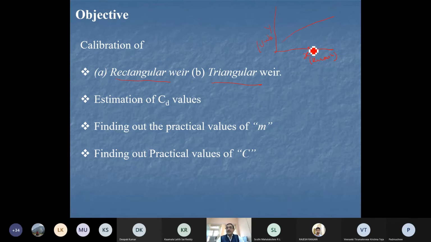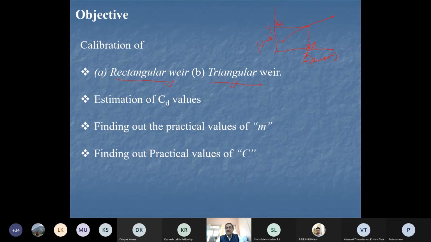Suppose here it is the head. For a simple example here in weirs and notches, we can measure the head. So if we have measured the head, that is X, we can know the unknown condition, that is discharge, from this relationship. So suppose this is discharge versus head, we can have a relationship. This is the calibration relationship, calibration curve. So calibration of rectangular and triangular weirs.